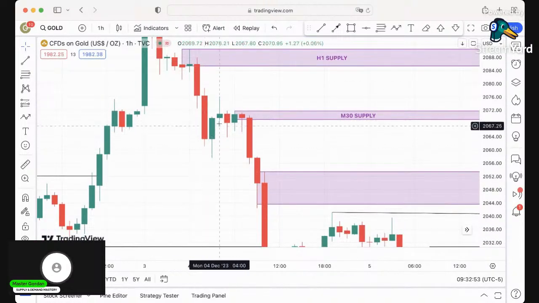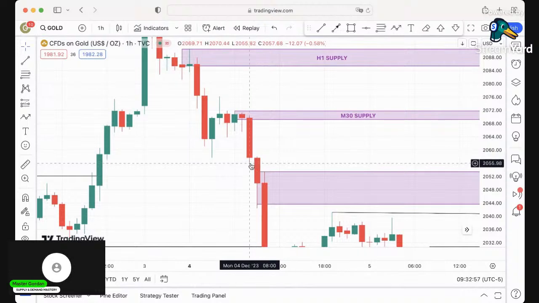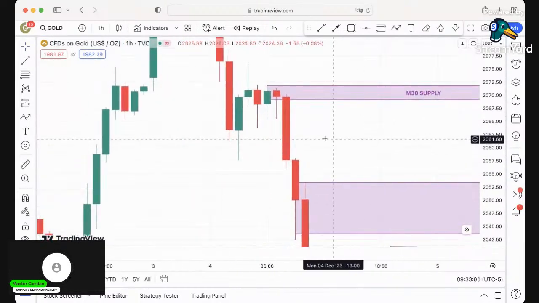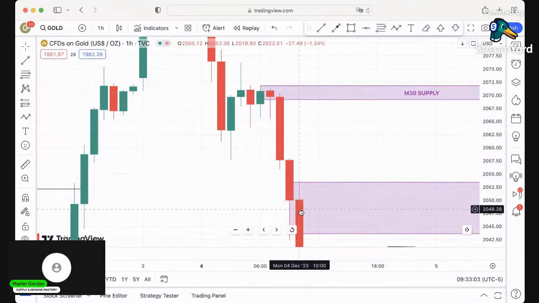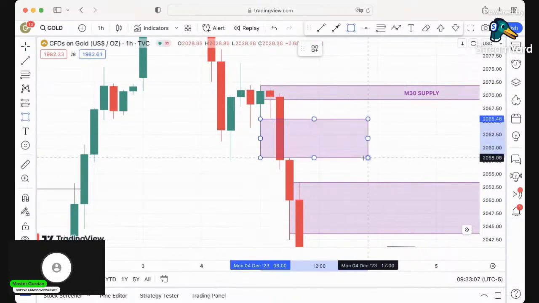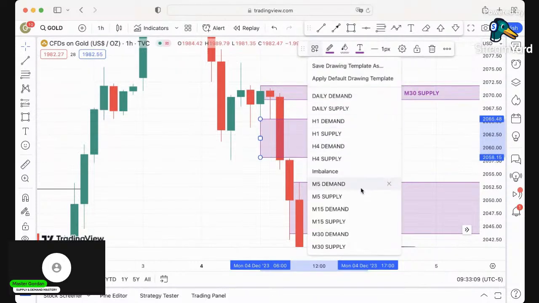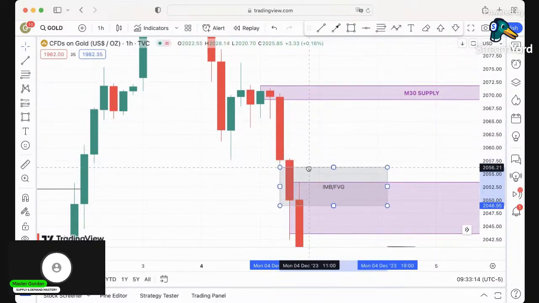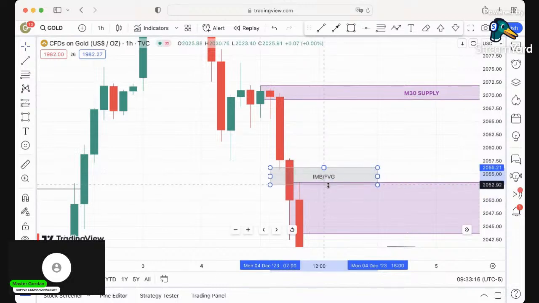Then the price creates another new base right here, then has another break, a new lower low again, with an impulsive move again because of the imbalance right here. And at the bottom right here, between these two candles, we also have the imbalance.